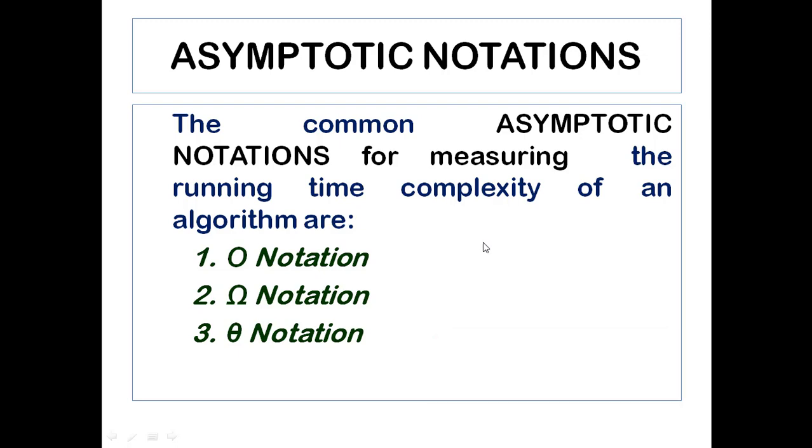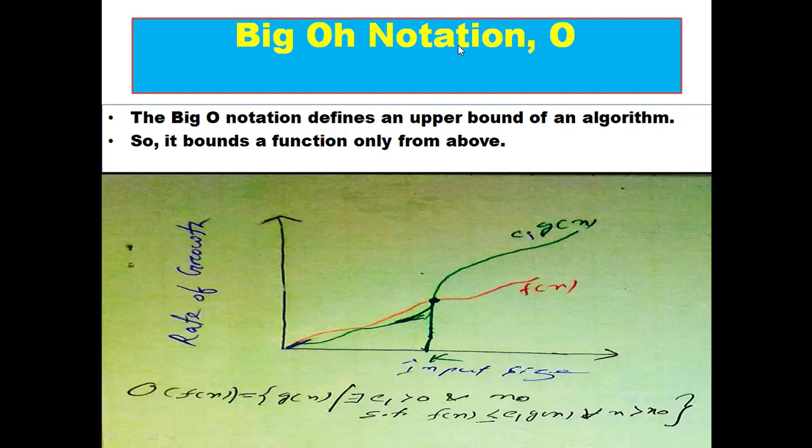So, big O notation. What does it mean? Big O notation defines the upper bound of an algorithm. Upper bound means a value which is greater than the values of that function for the input parameter.